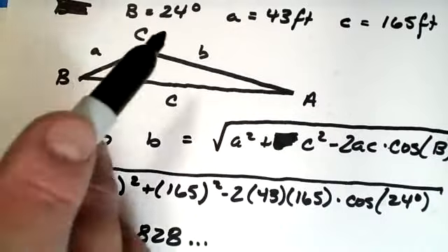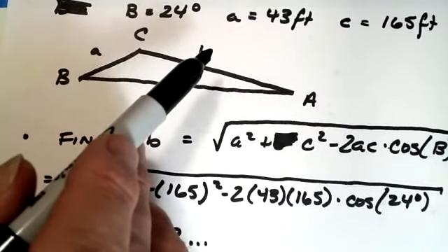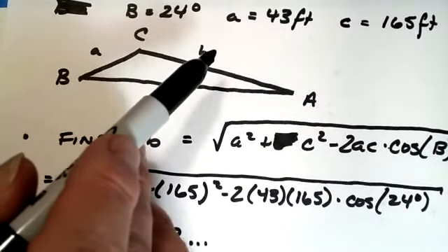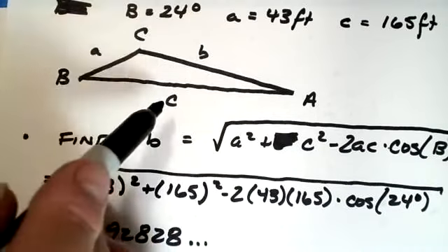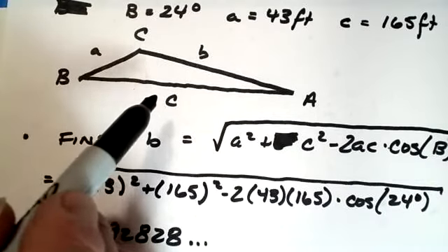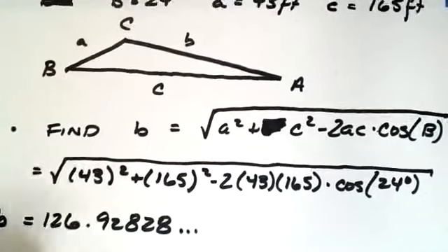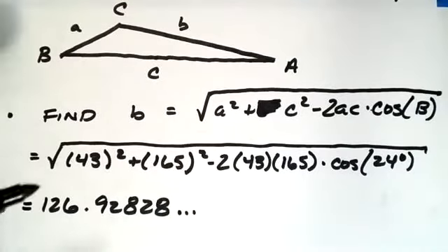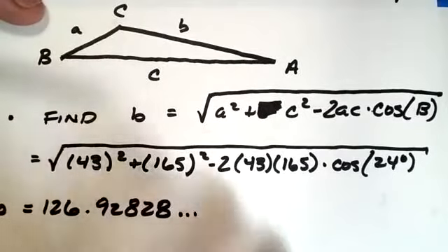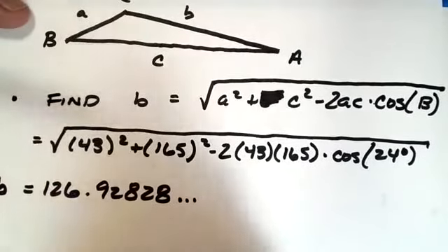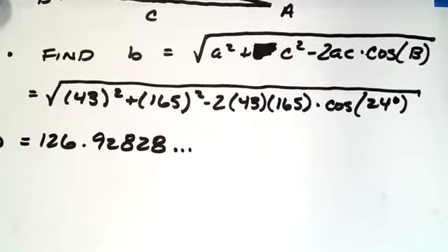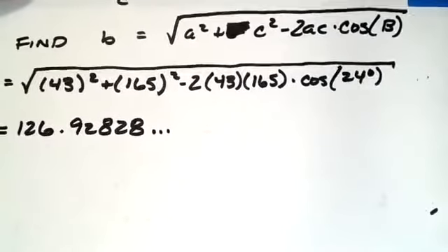If B is the middle angle, then the side opposite B should be the middle length, and then the side opposite C should be the smallest, or vice versa. So the order is preserved: the ascending or descending order of the size of the angles is not equivalent to, but is preserved in, the lengths of the sides.